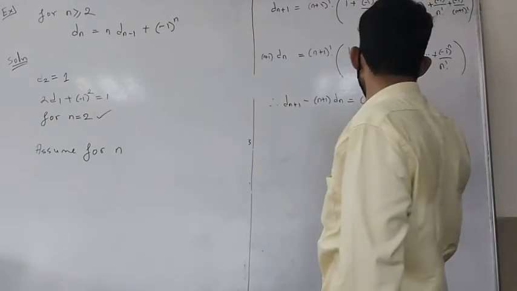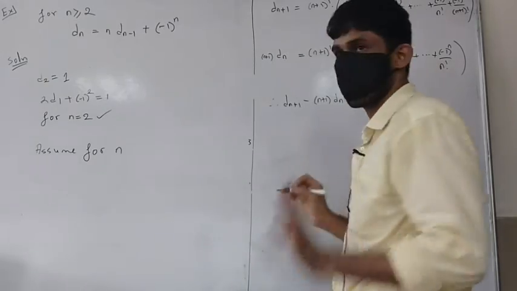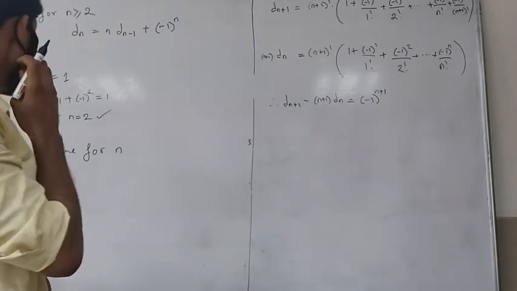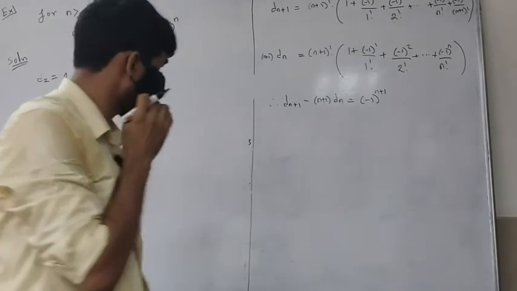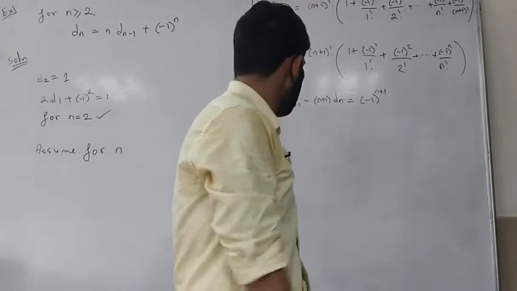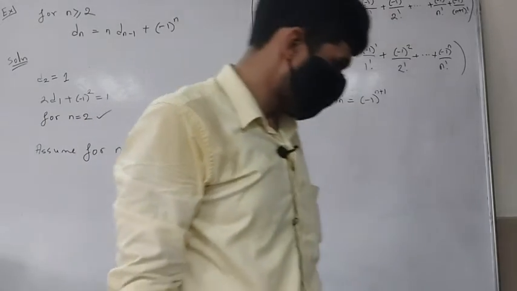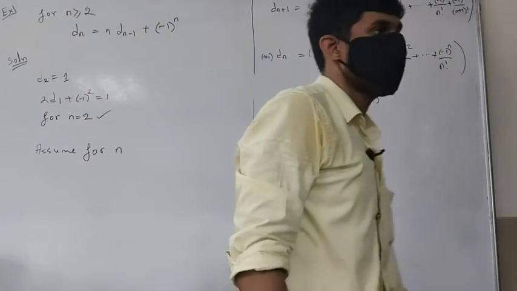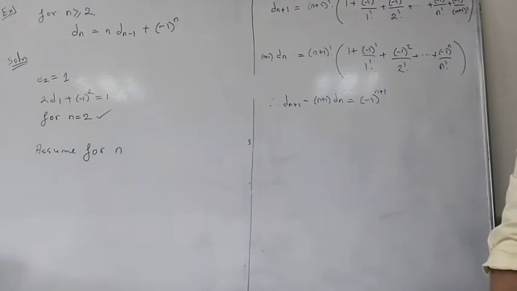So you get minus 1 raised to n plus 1, exactly what we wanted. Do I need induction? I think that's not required. I can't see where I'm using induction here. That's fine. So that's the recurrence relation for dn.